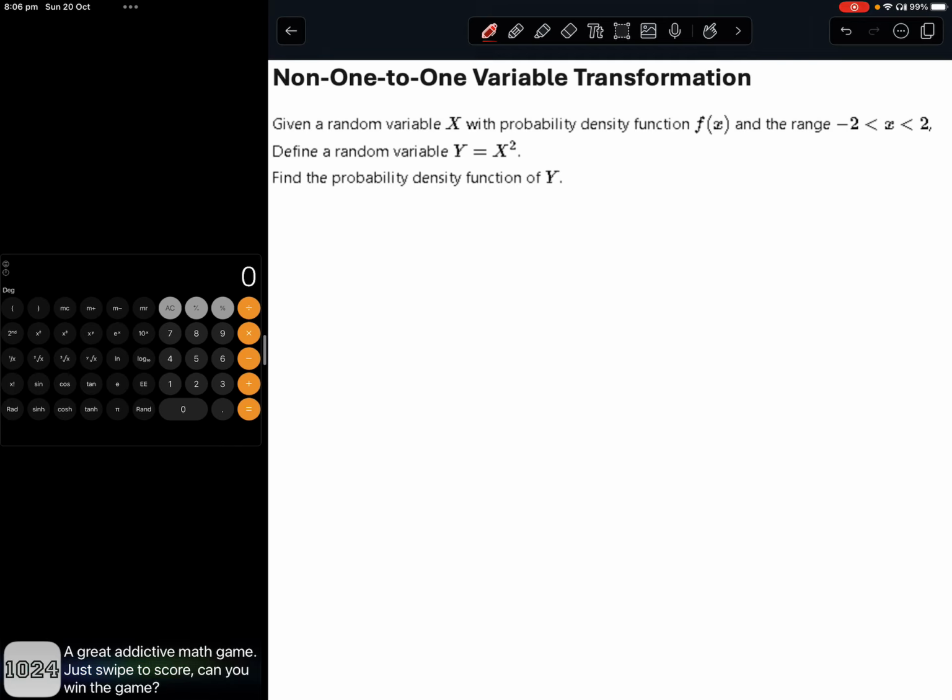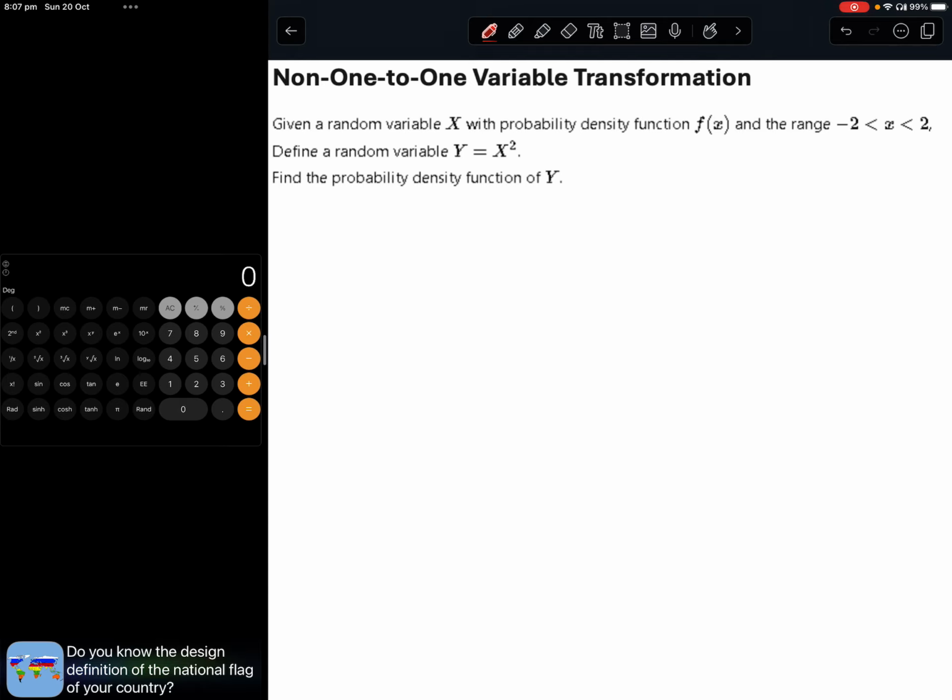We are asked to find the probability density function for a new random variable Y, which is defined as X squared. In essence, we are transforming X into Y by squaring the variable X. Our goal is to figure out the new probability density function of Y.